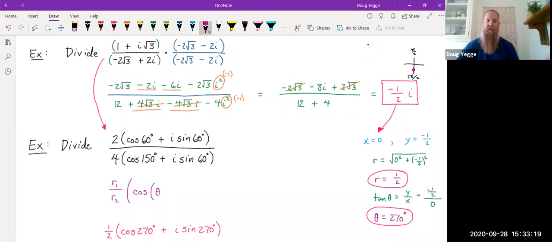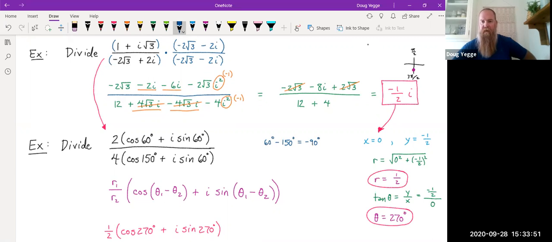So if we were to do that and say theta 1 minus theta 2, and we do the same thing for the sine value or the imaginary component, giving me theta 1 minus theta 2, then notice that that would give me -90 degrees. So notice that 60 degrees minus 150 degrees is actually -90 degrees.